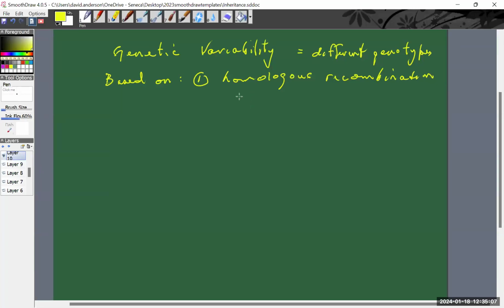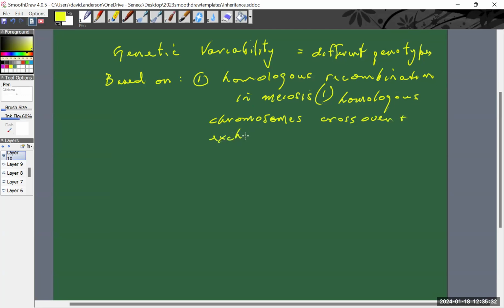So this is a situation where in meiosis, particularly meiosis 1, the homologous chromosomes cross over and exchange genetic material randomly.